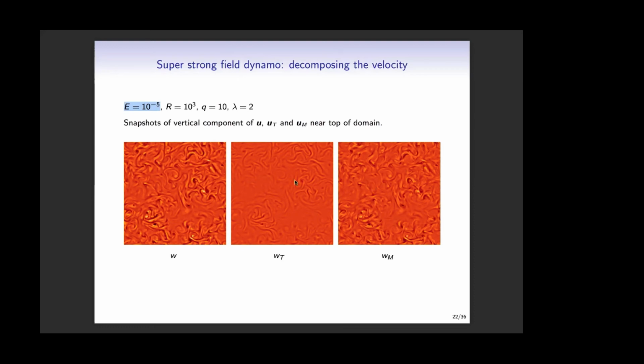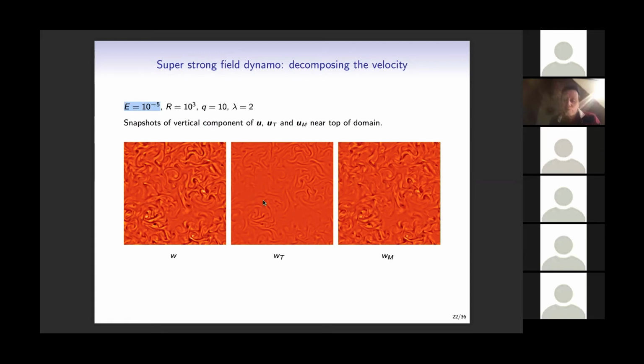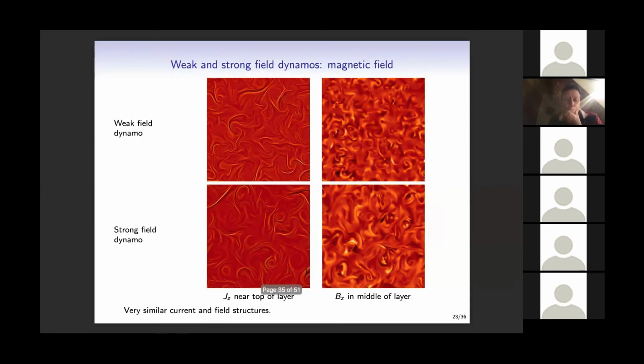Because the thermal velocity is crucial, because it is driving the convection, but it is both crucial and small, in that the actual velocity is almost entirely magnetic. The difference between the left and the right is the middle, but it's small. All the strong features are in the magnetic velocity now. I'll say more about that as well.